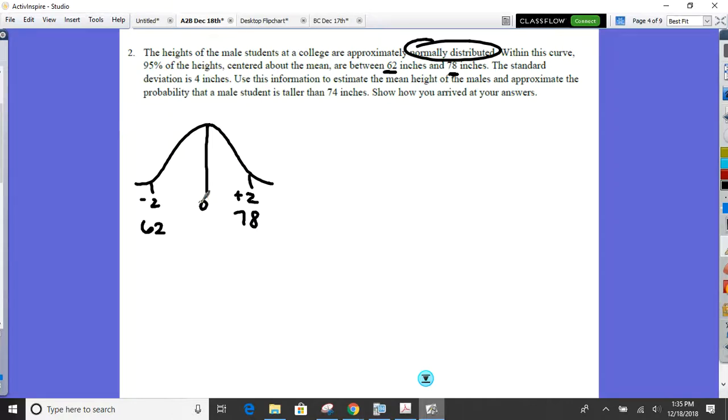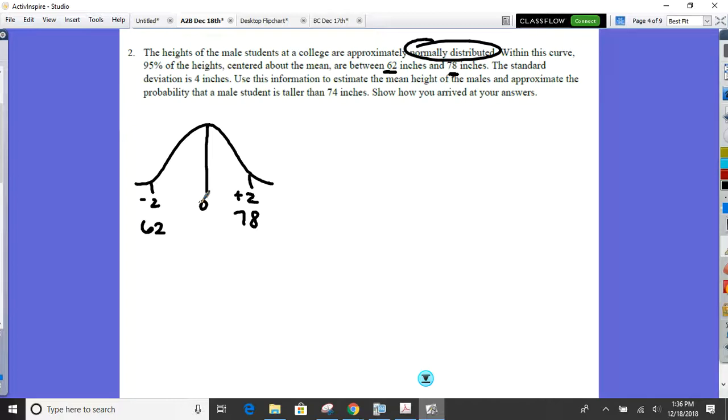All right, how do I get to the mean? We can start on either side. Do you want to start at 62 or 78? 62? Okay, so how do I go from 62 to the mean then? What's 4? Add the standard deviation. So go ahead, add 4.